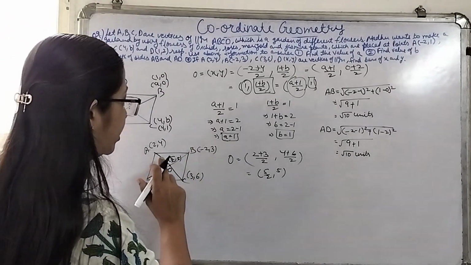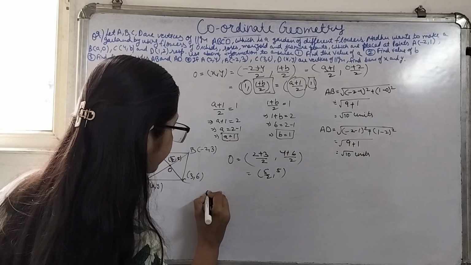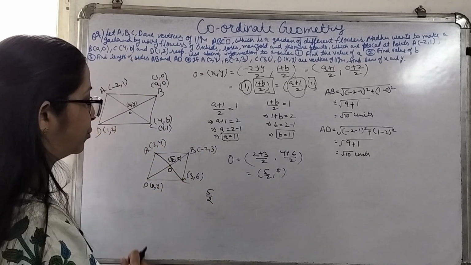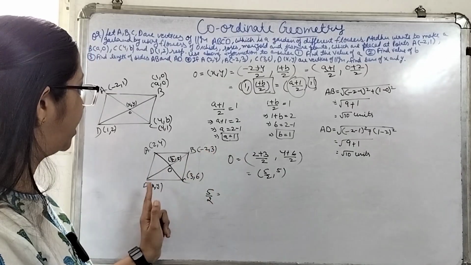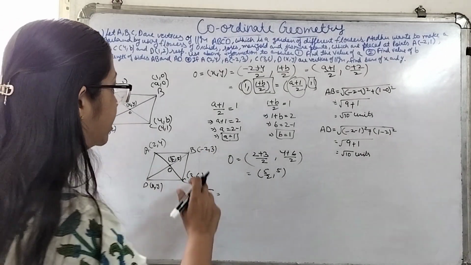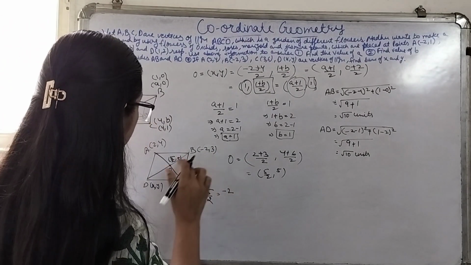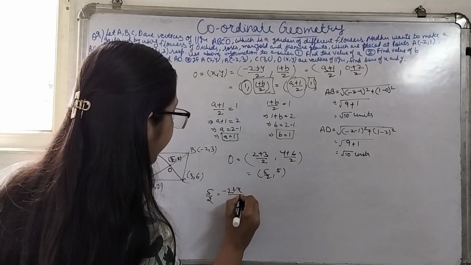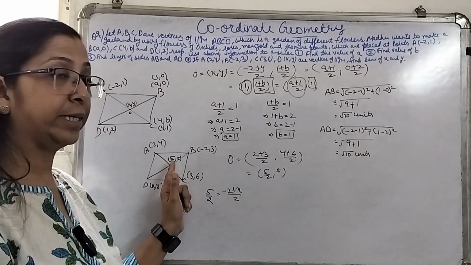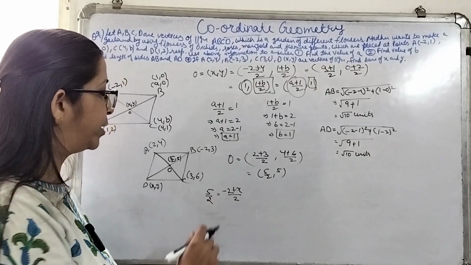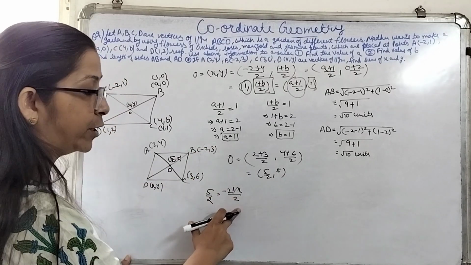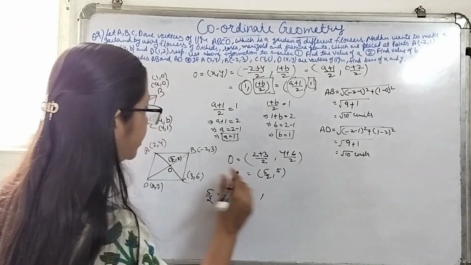Now see this x coordinate, that is 5/2. It is equivalent to (x1 + x2)/2, that is (-2 + x)/2. It is your x coordinate, because this is the midpoint. So the x coordinate of the midpoint is equivalent to (x1 + x2)/2. Now the second condition is the y coordinate.